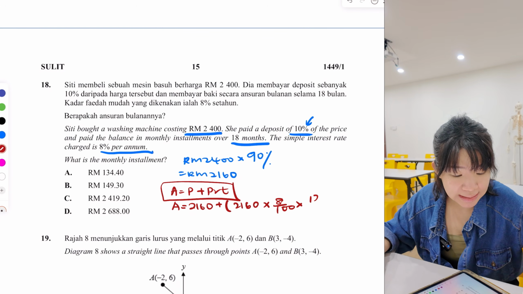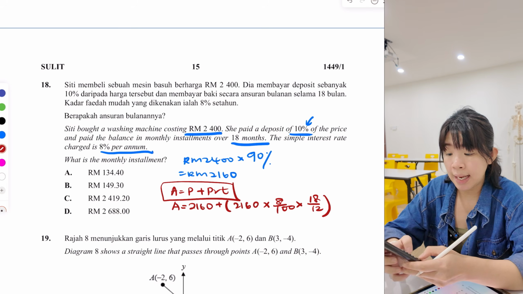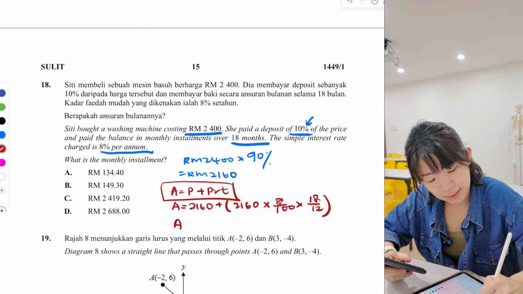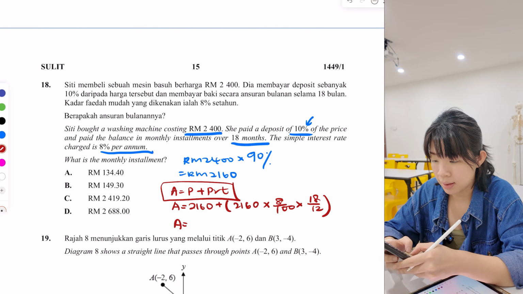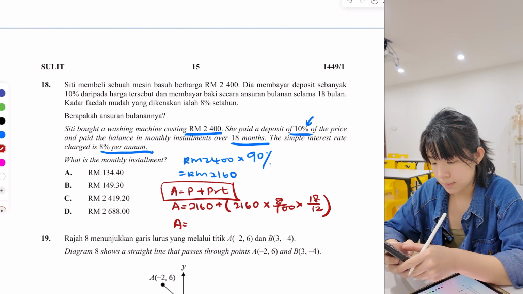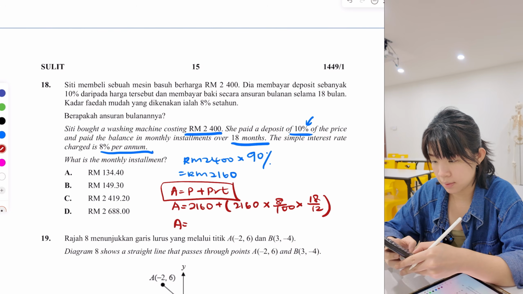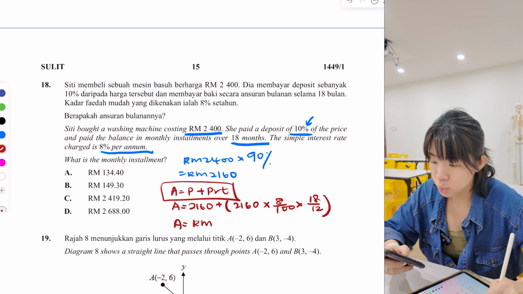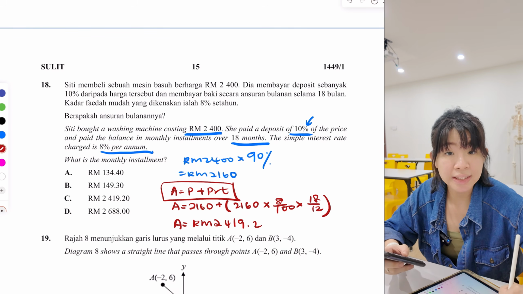So we can take 18 divided by 12. Okay, 18 months is actually 1.5 years. Okay, so what is the total you get at the end? So total have to pay back 2,419 ringgit 20 cents.